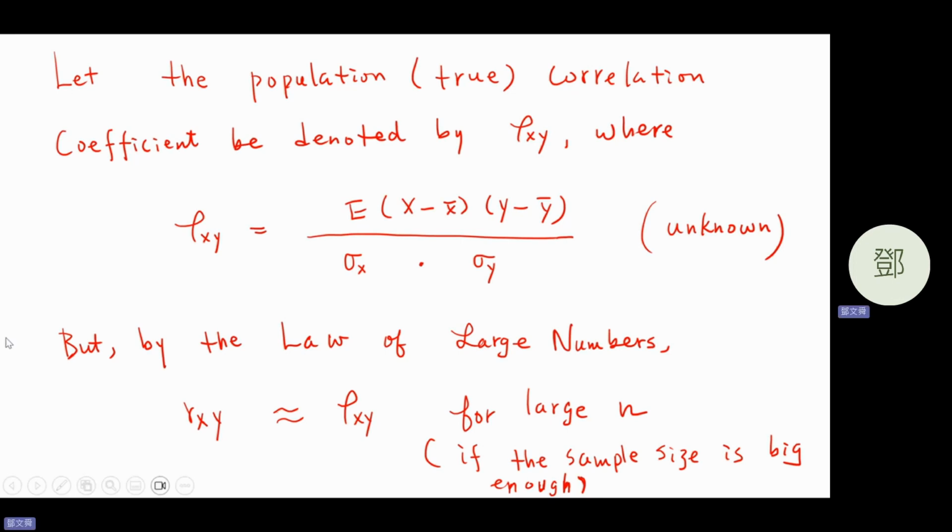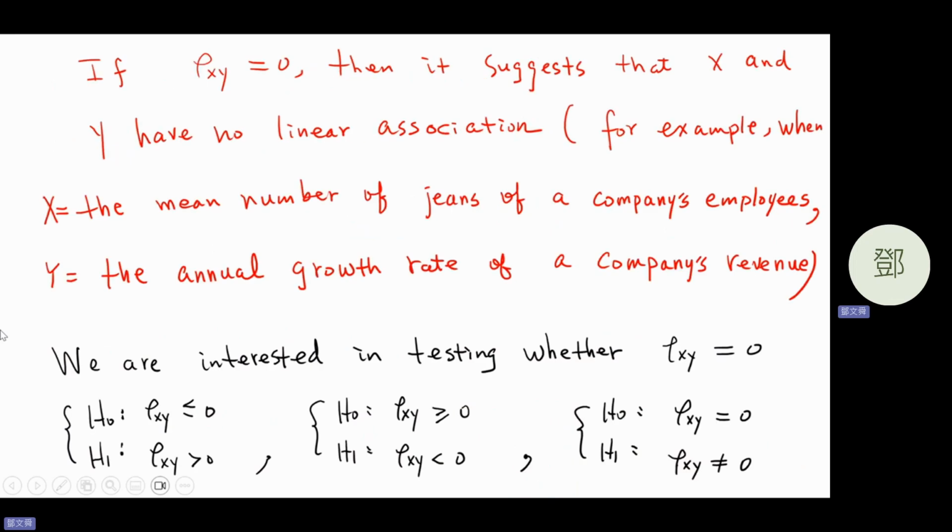Any question? If you don't have any question, then if the true value of rho is such that x and y have no linear relation. For example, x is the number of changes of a company's employees, and y is the annual growth rate of the company's revenue.